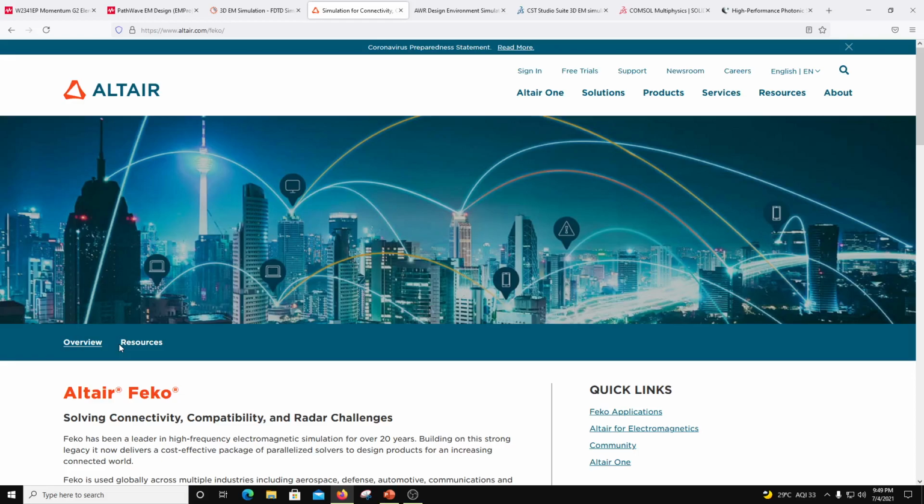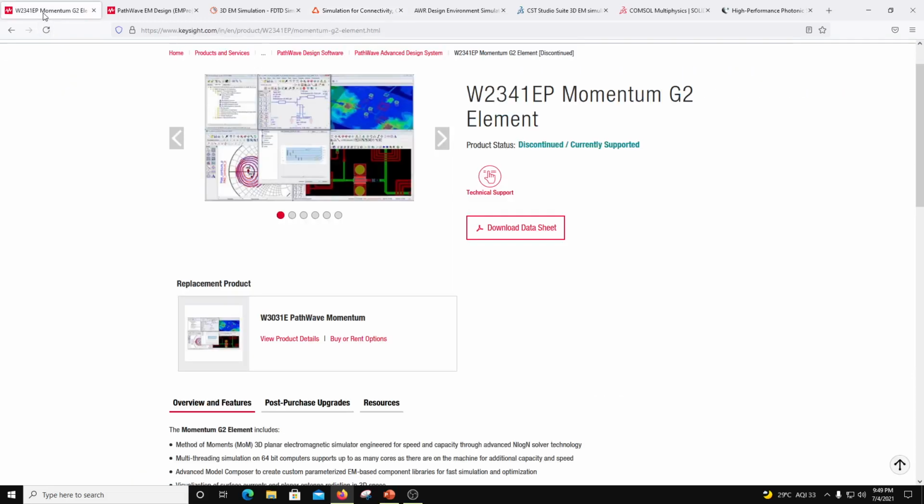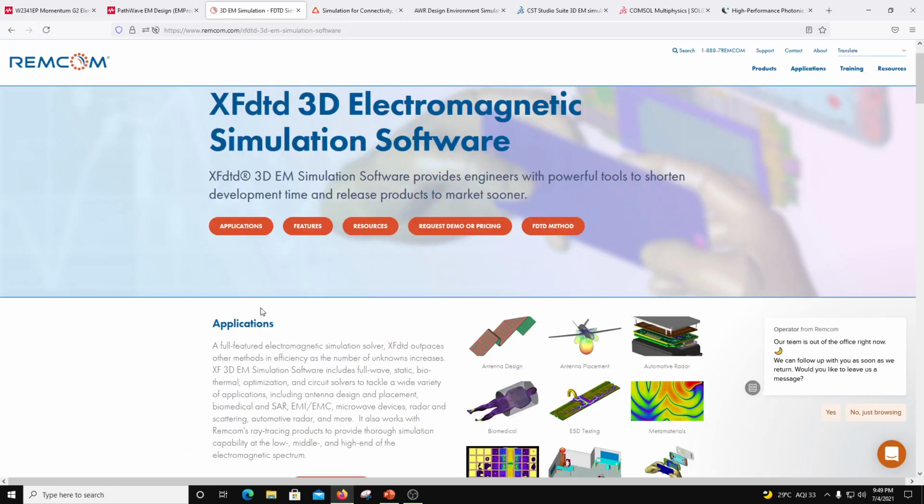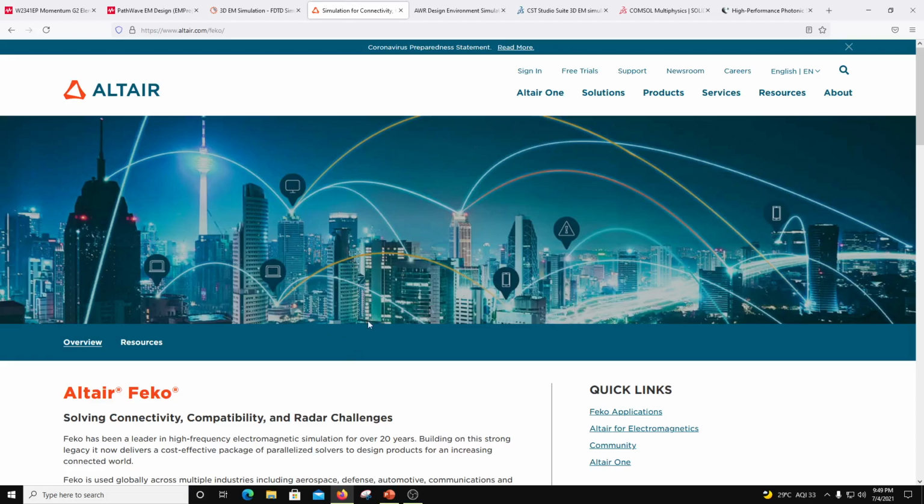This is a parallelized algorithm for the method of moments, so it runs faster compared to the method of moments you see in ADS or in Feko. The regular legacy method of moments is implemented, but then you are also doing the multi-level fast multipole method. Another thing is that here the structures can be very large.